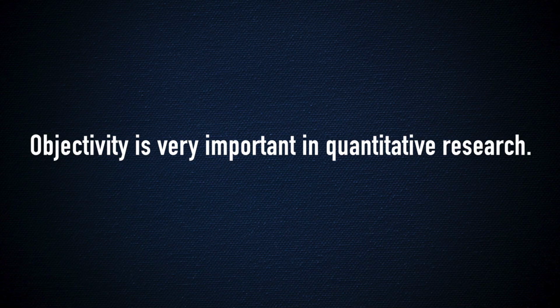Objectivity is very important in quantitative research. Consequently, researchers take great care to avoid their own values or attitudes affecting the results. They also critically examine their methods and conclusions for any possible bias.